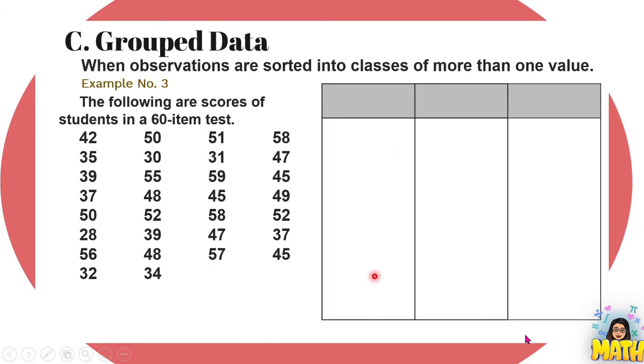We have the first column for our class interval, second is for our tally, and third is for our frequency. When we say class interval, dito pumapasok yung groupings ng data na gagawin natin.